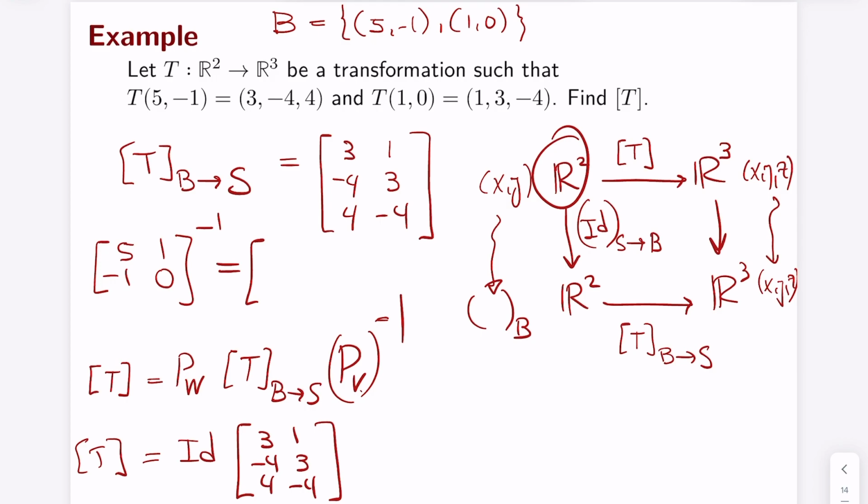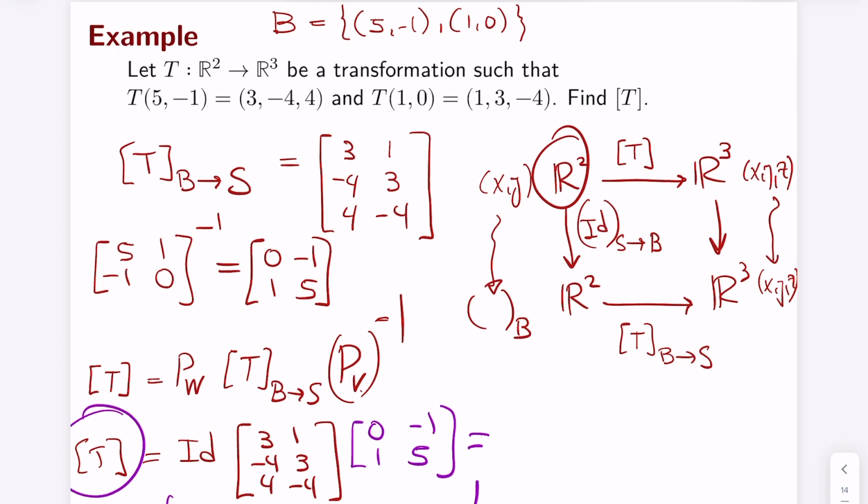So that would be the matrix 0, -1, 1, 5. So we did calculate the inverse. Okay, so this inverse is what we need to write here. So we're going to multiply by the matrix 0, -1, 1, 5. Okay, so let's multiply these three matrices, and the result will be the matrix in the standard basis.